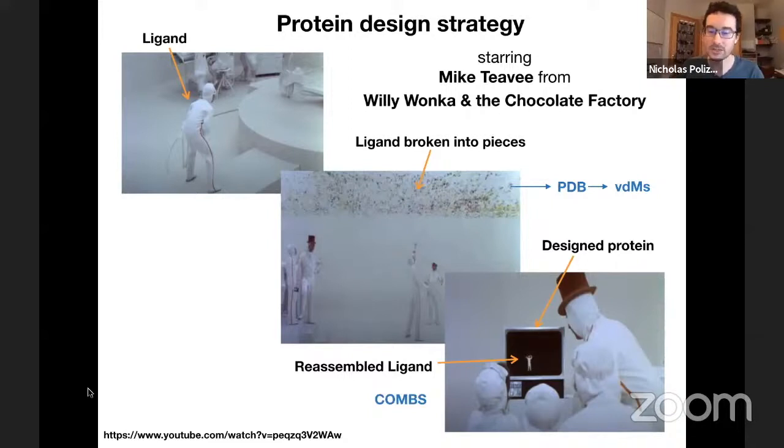And so that whole process of reassembly, using these different pieces of protein structure that I've developed, is a strategy that I developed called COMBS, which stands for convergent binding motifs for binding. So that's the idea. That's the general strategy of what I'm doing.